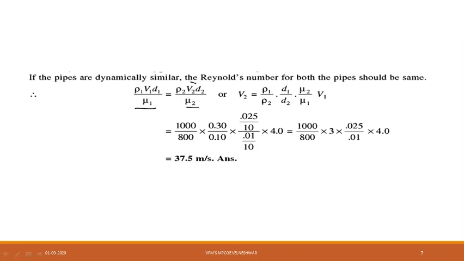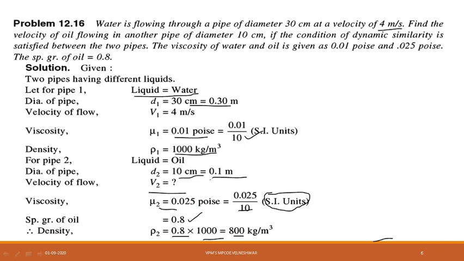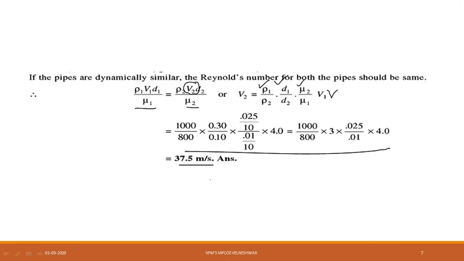Here what is the unknown value for me? V2 is the unknown value. So V2 is equal to rho 1 by rho 2, d1 by d2, mu 2 by mu 1 into V1. Substitute all values, then you will get the value of V2, that is the velocity of oil, which is 37.5 meter per second.